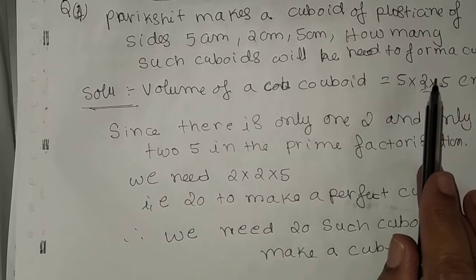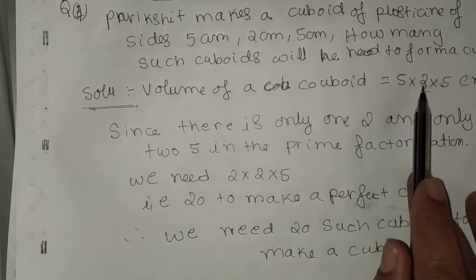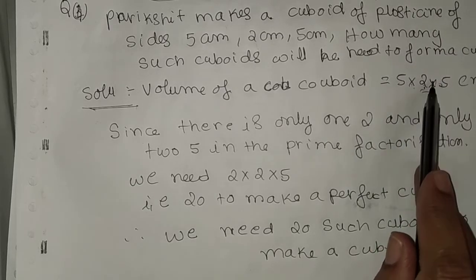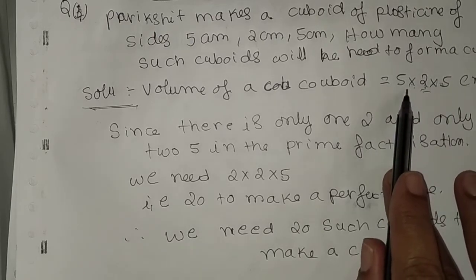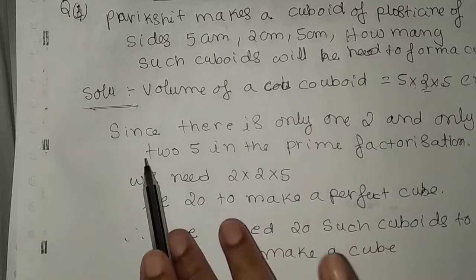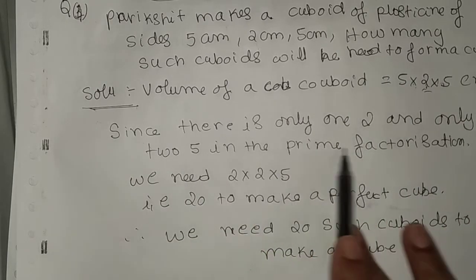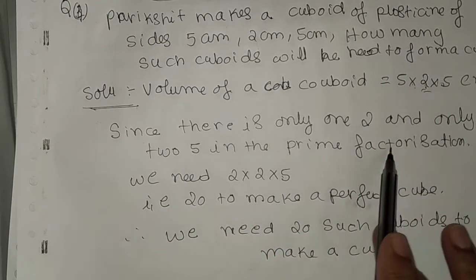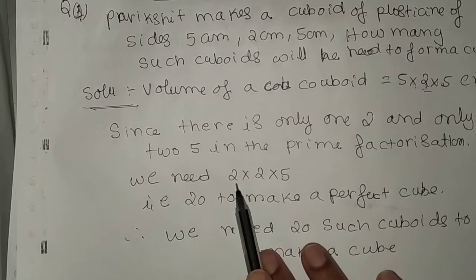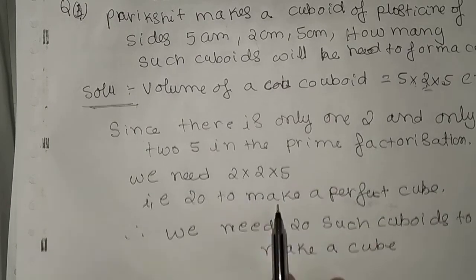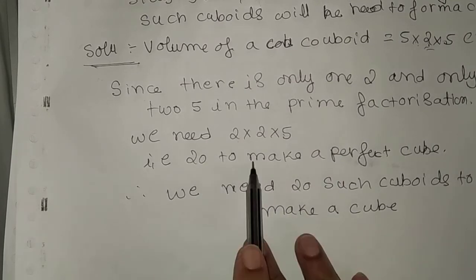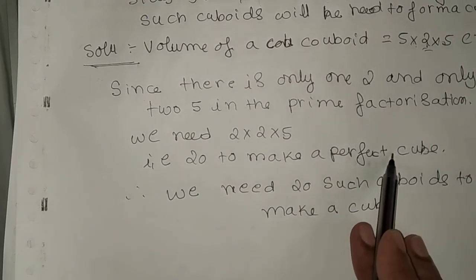In order to make a cube we have to multiply this by 2 twos and one 5, since by prime factorization there is only one 2 and 5 is there twice. So we have to multiply this by 2 2 and 1 5, that is 20, to make a perfect cube.